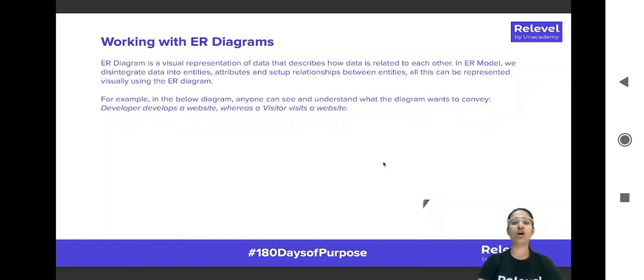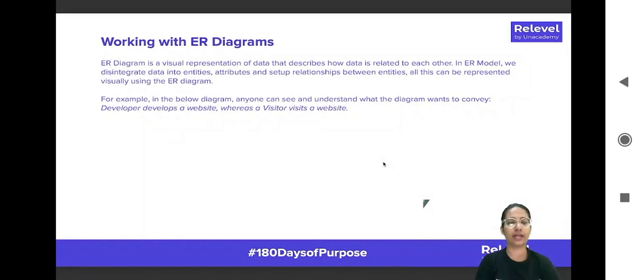For example, we talked about that school management software in which the data was disintegrated into entities. For example, entities were school, teachers, class, subjects, and their attributes, and then we had a relationship. For example, each student is going to be a part of some class, and all this can actually be represented using the ER diagrams.